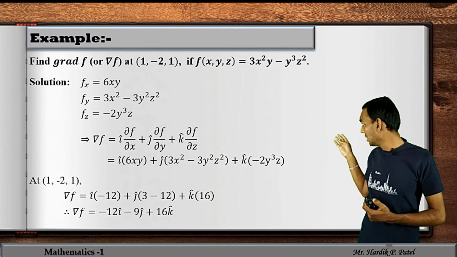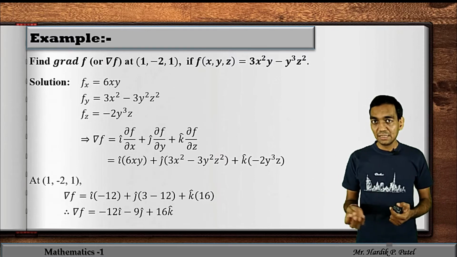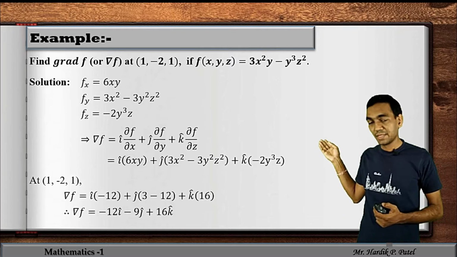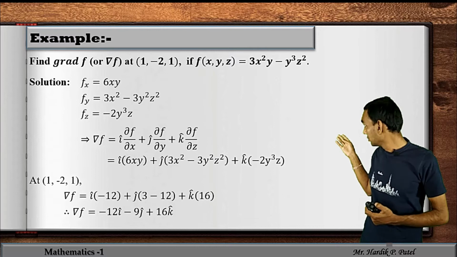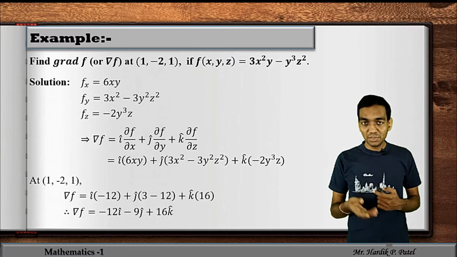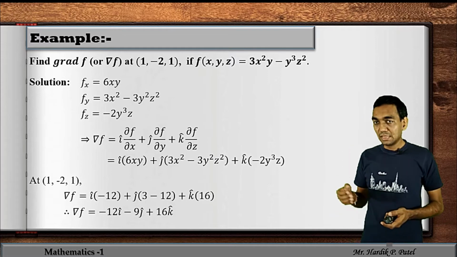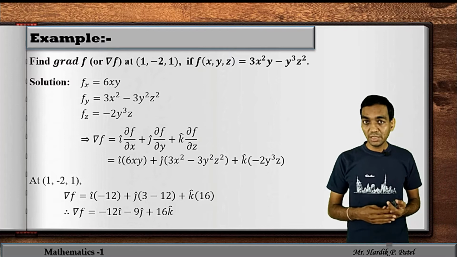That means del f by del x, that is f_x, is nothing but the derivative with respect to x, that is 6xy. In the same manner, the derivative with respect to y will be 3x squared minus 3y squared z squared. And if you are differentiating with respect to z, then the derivative is going to be minus 2y cubed z.